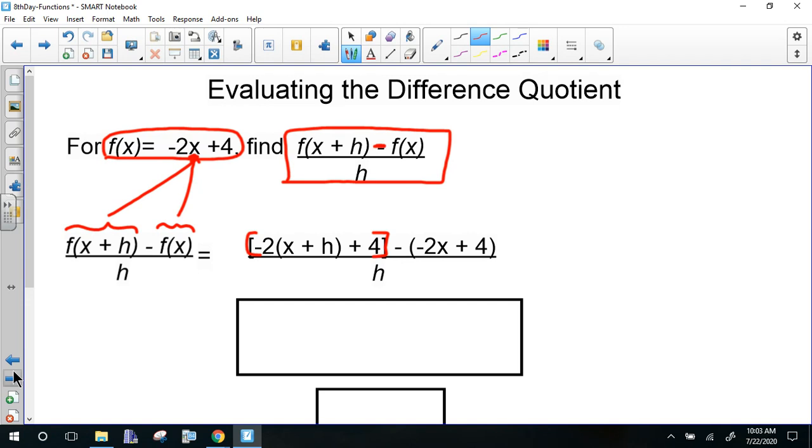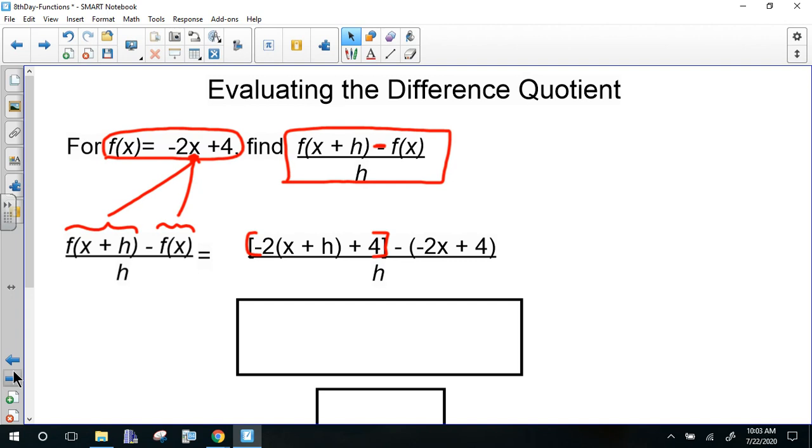And I subtract f of x. Well, f of x was just my function, negative 2x plus 4. So minus, in parentheses, negative 2x plus 4, all divided by h.